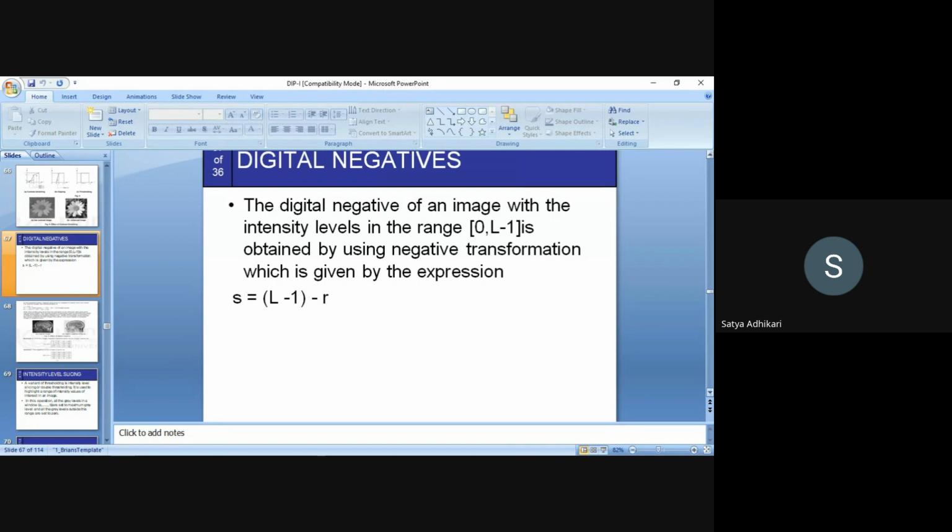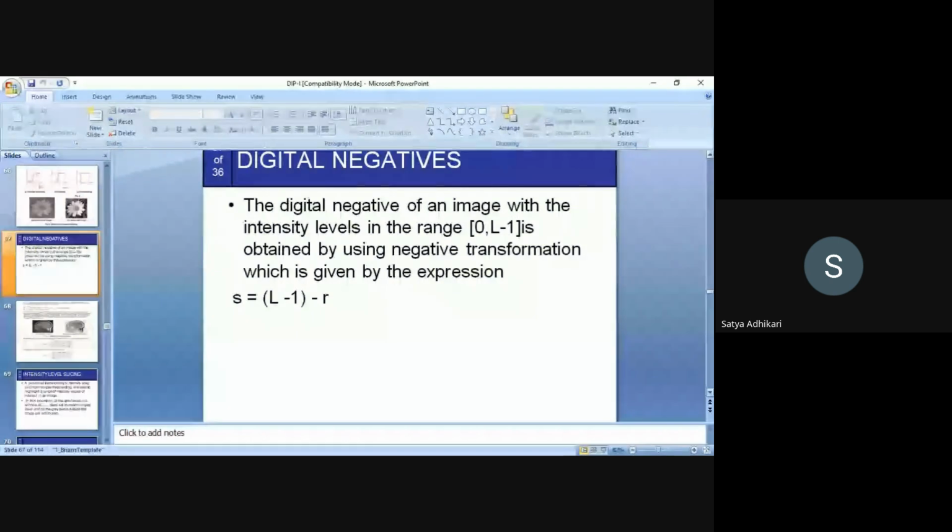Most smartphones have this option. As the name suggests, negatives. The pixel values are negated. Negated in the sense 0 becomes 255, 255 becomes 0. That is, black color becomes white, white color becomes black.